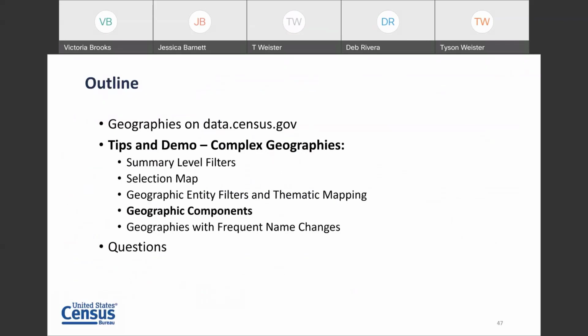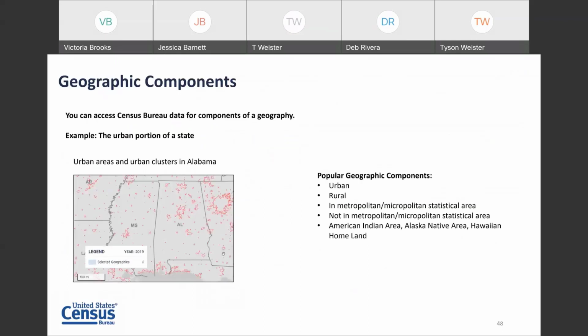Moving on to another complex geography you may be interested in, geographic components. We offer data for components of a geography. To visualize what this means, I'm showing a screenshot of all of the urban areas and urban clusters. And I have my map centered here on Alabama. So what this is showing are the areas contained in the boundaries in red would be urban areas and urban clusters.